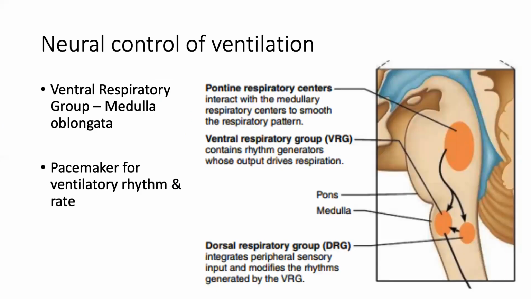The neural control, as you can see here: ventral respiratory group, pontine respiratory center, which again controls the ventral respiratory group. And here, ventral respiratory group, dorsal respiratory group, and they are all controlling each other. Therefore, the ventral respiratory group is the pacemaker for the ventilation rhythm and rate.